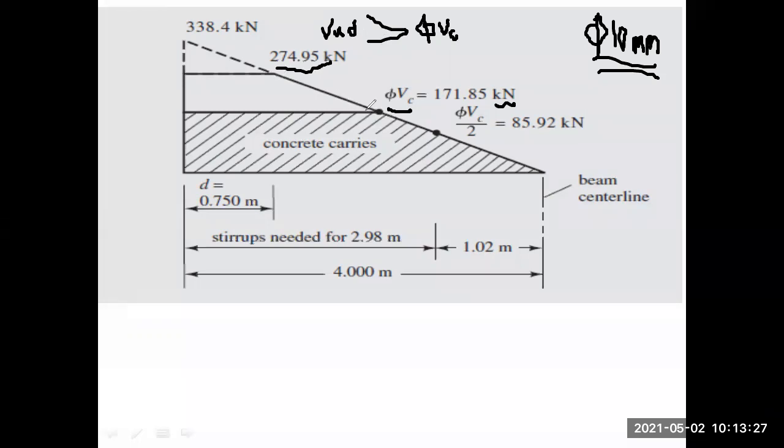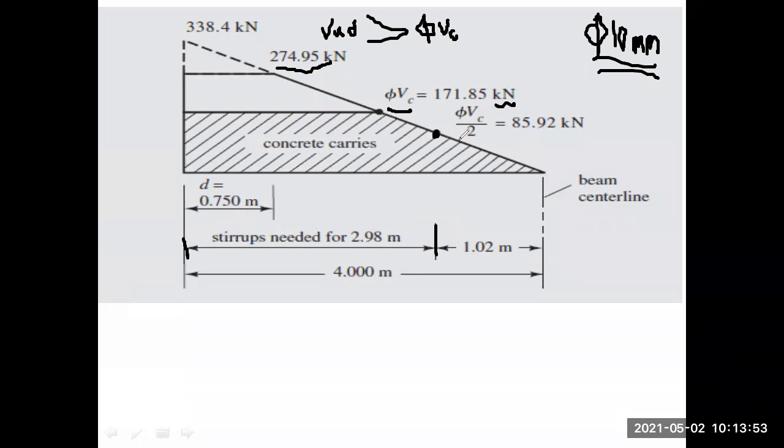And that zone would be phi VC over 2. So if we locate phi VC over 2 on the diagram, from here, this would be the zone in which stirrups are needed. Okay, we need stirrups within this zone.